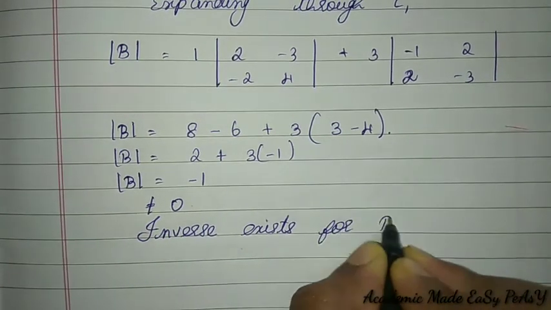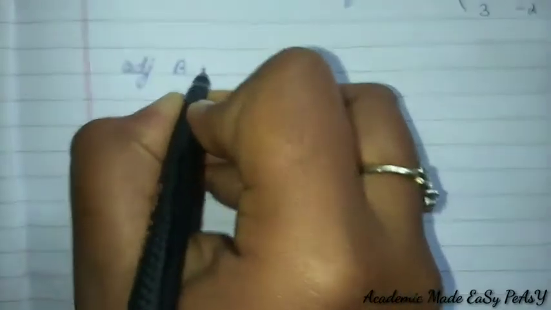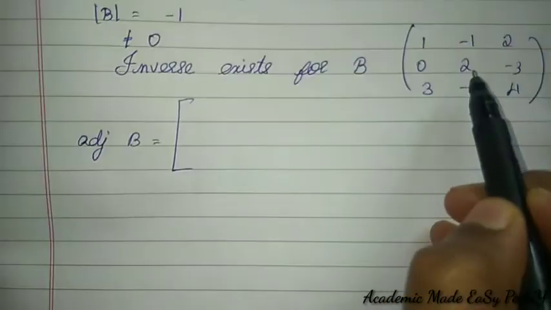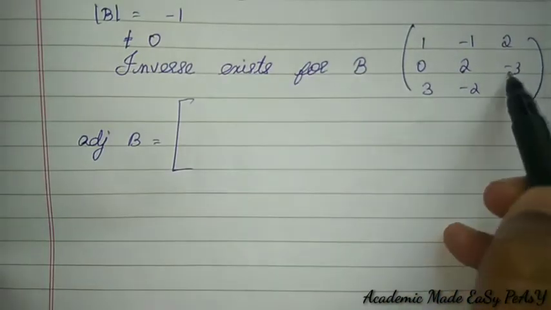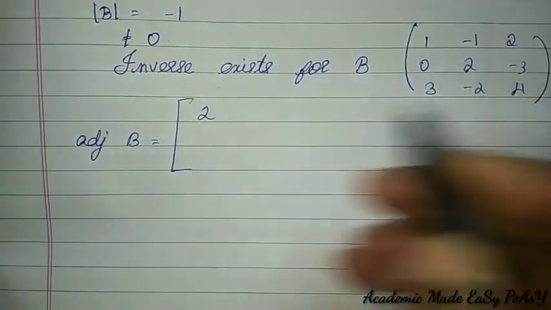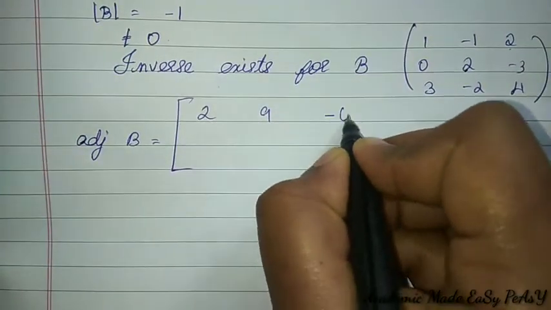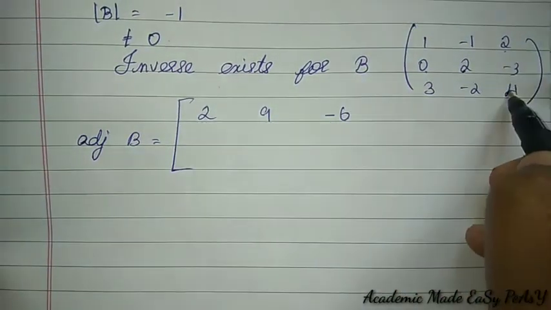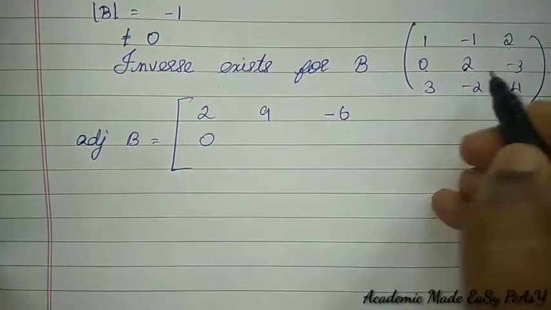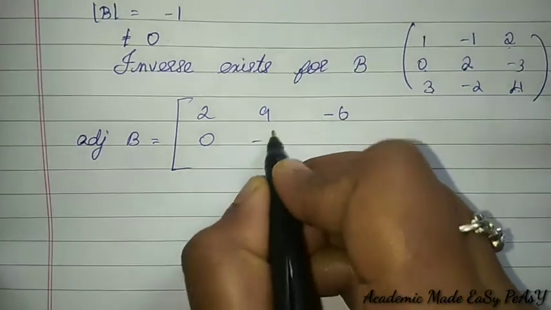for matrix B. Now let me find the adjoint. So adjoint of B is equal to, for this one it is 8 minus 6 is 2. Here for 1 it is 9. Here it is minus 6. For this element minus 4 plus 4 is 0. For this element 4 minus 6 is minus 2.